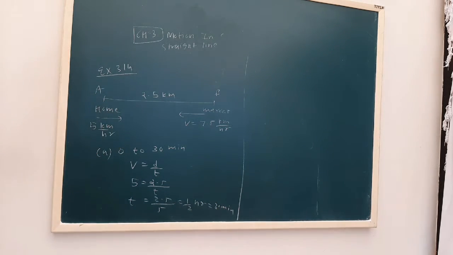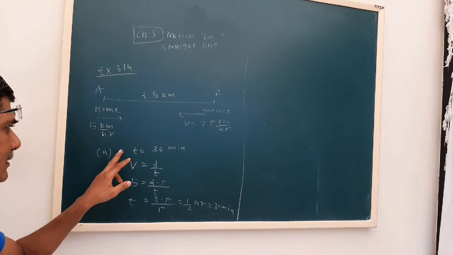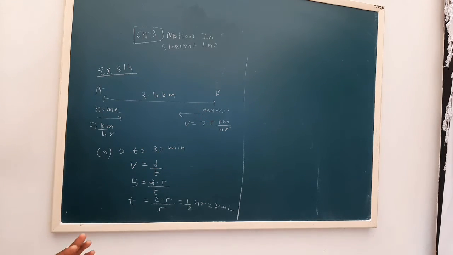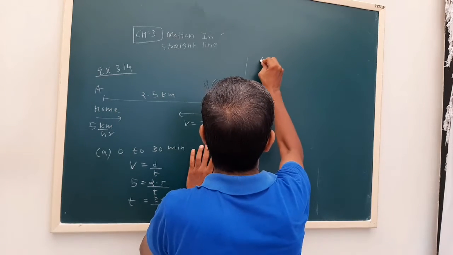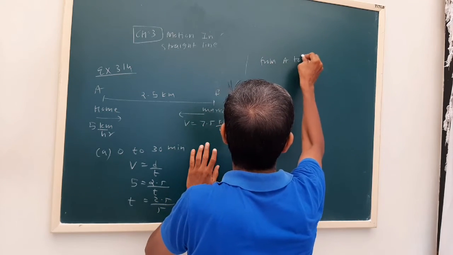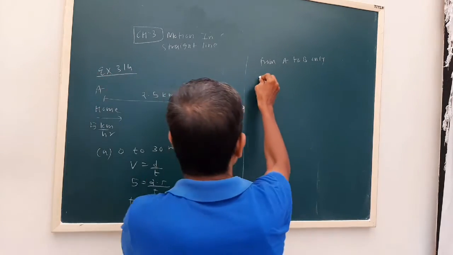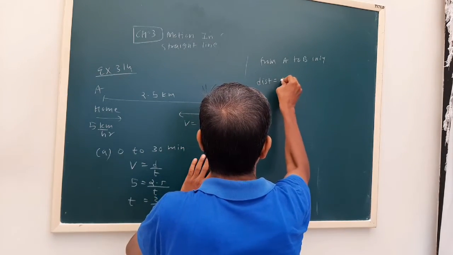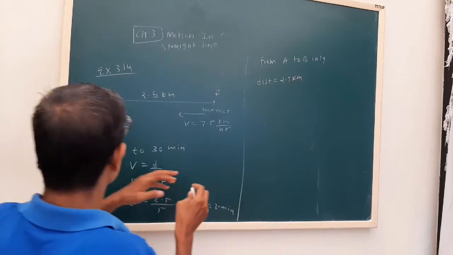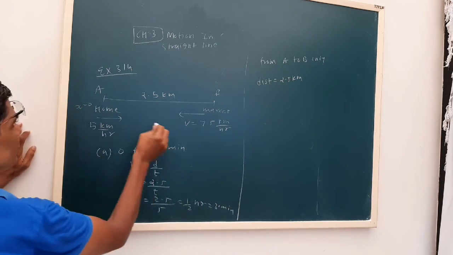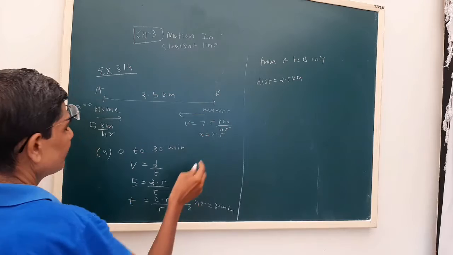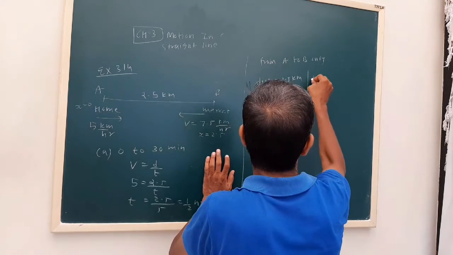So in the first 30 minutes, he will reach from A to B only. So what is the distance covered? 2.5 kilometer. Now this we call x is equal to 0, then this will be x equal to 2.5. So displacement is 2.5.